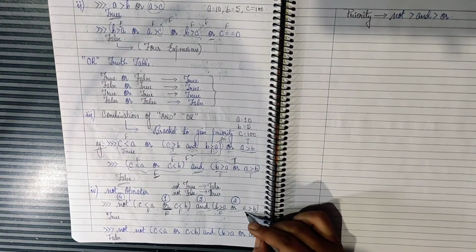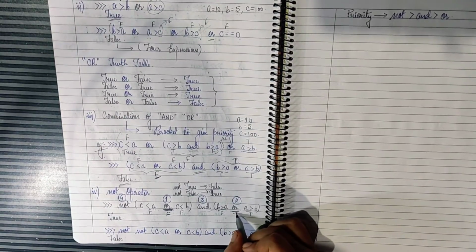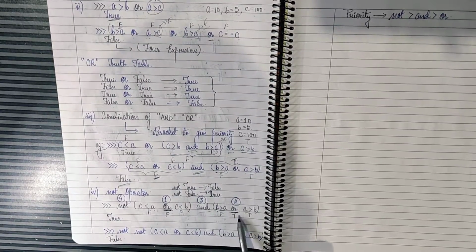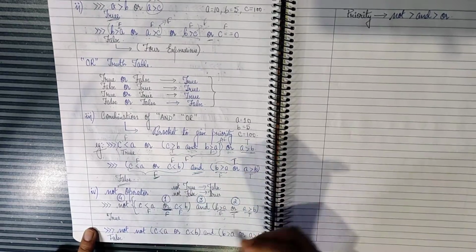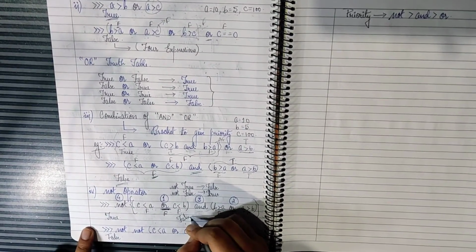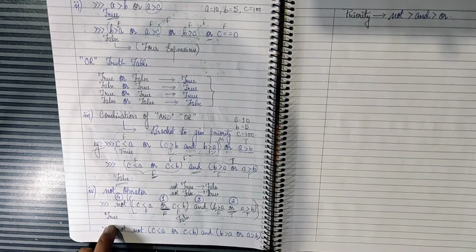Is A greater than B? This is true. So the output of this OR will be true, right? So now false and true will be false. So the output of this whole one will be false. So NOT of false is true, so the output is true.